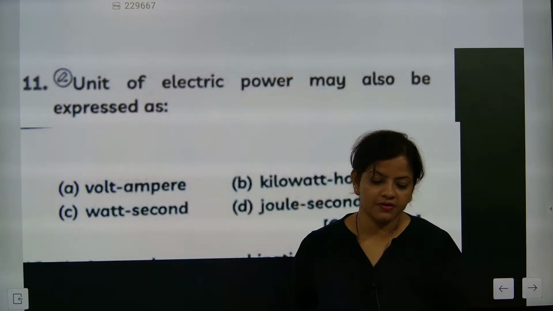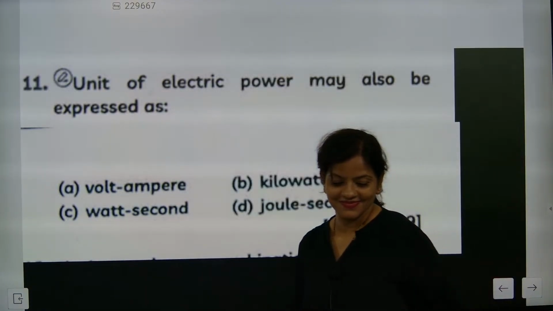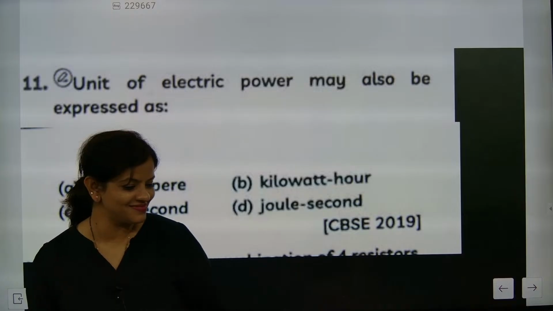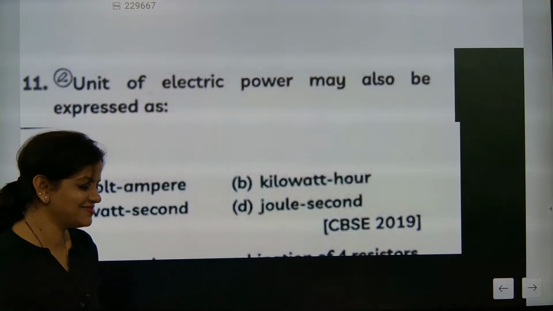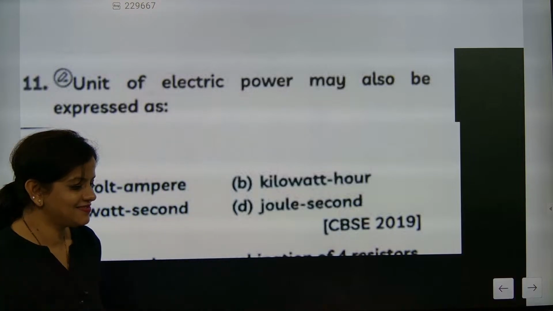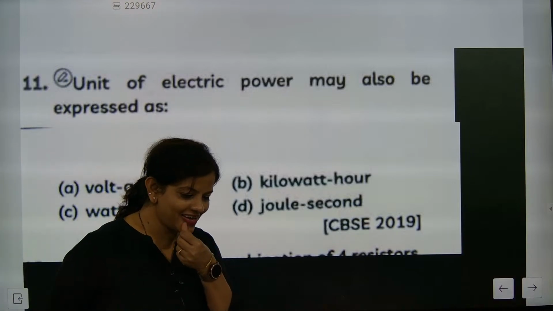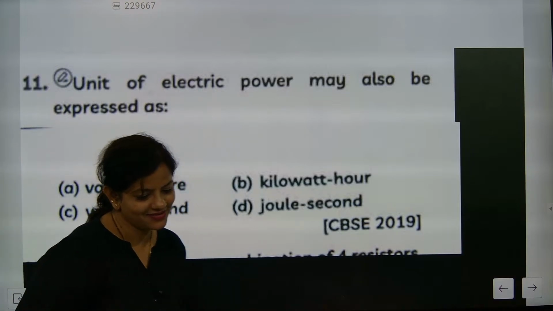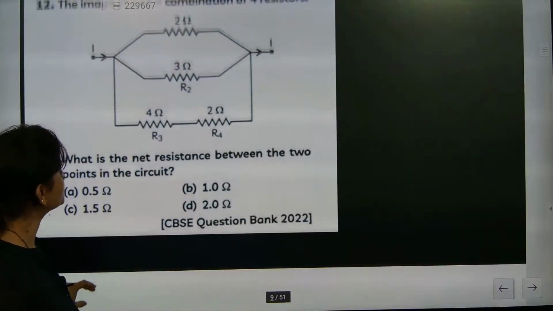Volt ampere, because P is equal to VI. Yes, P is equal to VI. Nice, this is what I was wanting. So volt ampere.